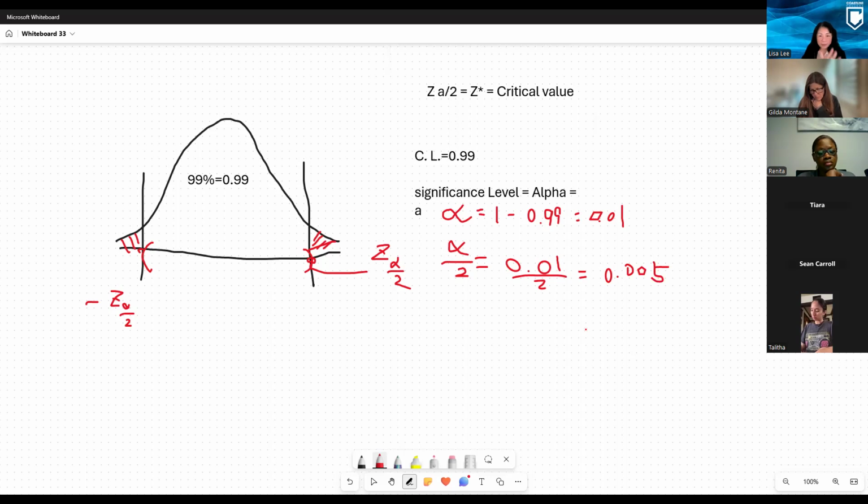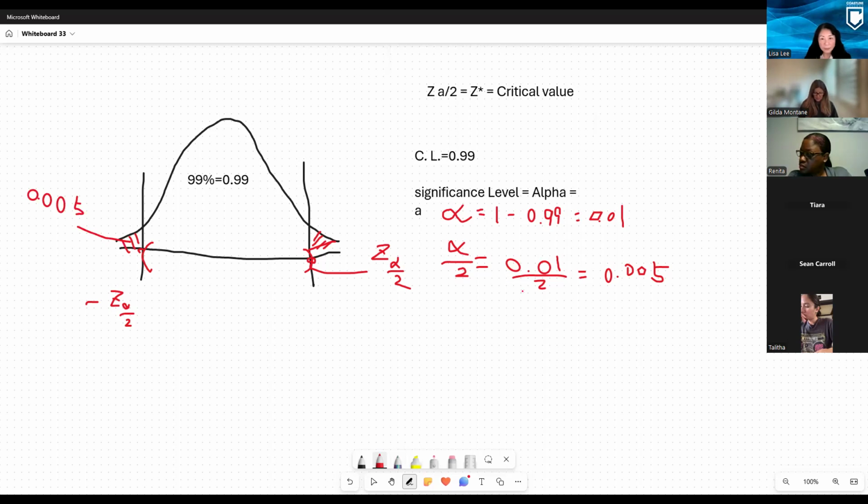So the area to the left of the z-score, on the left-hand side, is very small, just 0.005. Once you recognize the area to the left of a certain z-score, you will be able to read our z-score bounding this area here. Our z-score table will help you do that.